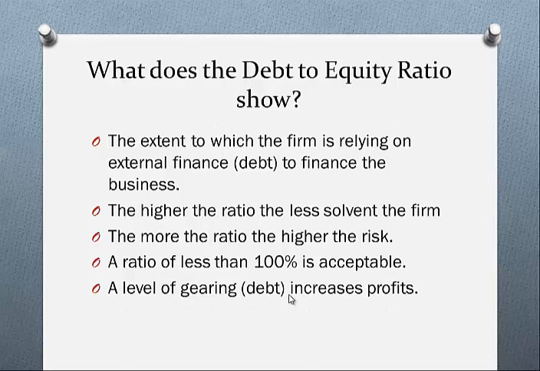I would have borrowed some money to buy that machine, which increased my level of gearing, but has increased my profits. And that's why we say a ratio of 100% is acceptable. Anything below is okay too, but we don't want a 0% debt to equity ratio, because that means we can get more out of our business.